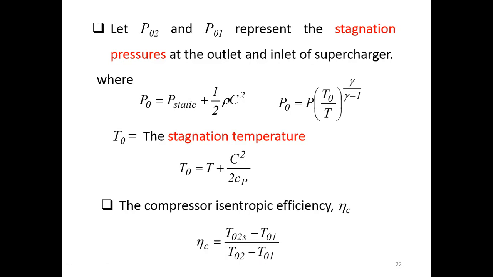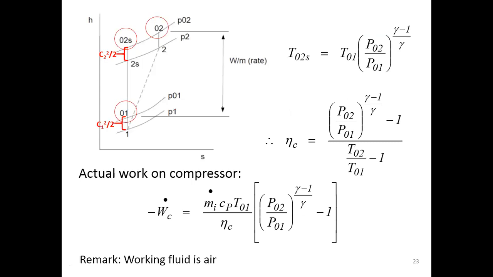Okay, so look at this graph, plotted between the enthalpy and the entropy. Now, instead of having only two pressure lines, if we consider the kinetic term, which represents the velocity, into our considerations, we will have four pressure lines altogether.